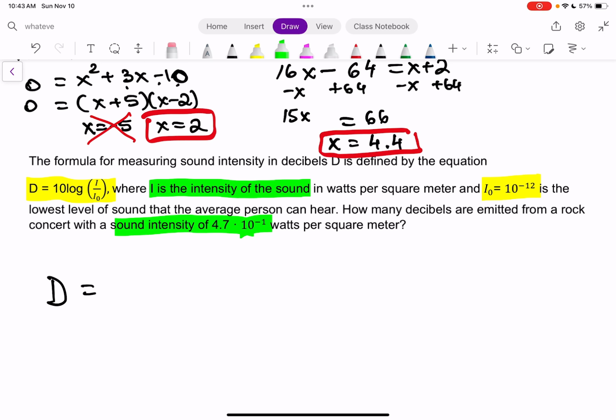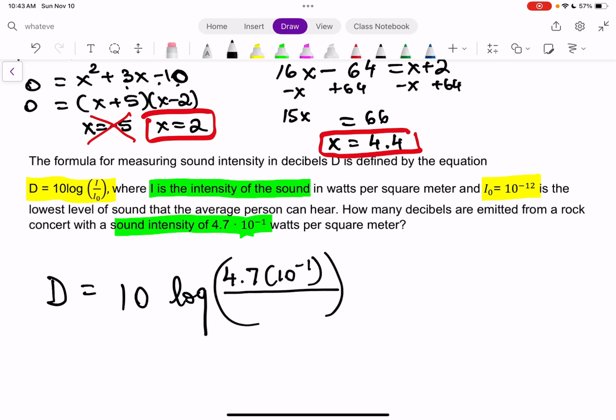So all I have to do really is just plug the number in. That's all. You don't have to solve for anything. Just plug in 4.7 times 10 to the negative 1 over, if you remember, I naught is always 10 to the negative 12.